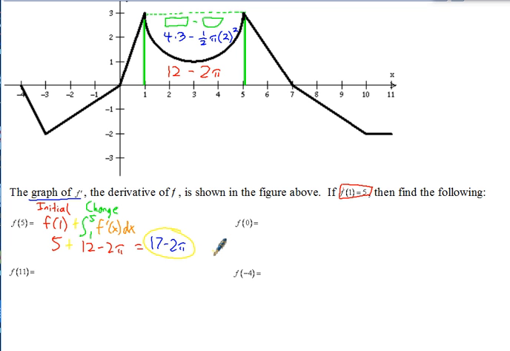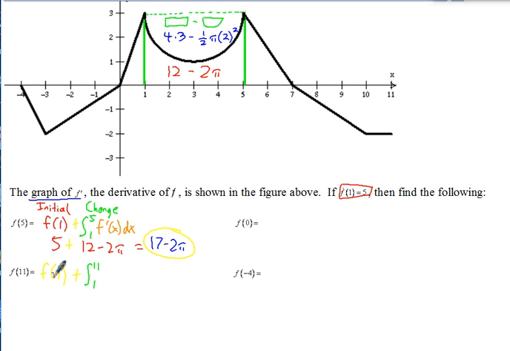All right, let's take a look at another one. This one says f of 11. So for f of 11, the initial we can still use is f of 1, plus, this time the change interval would be from 1 to 11 instead of from 1 to 5. And again, what needs to go here, if this represents a change, it has to be the derivative of whatever this function is.